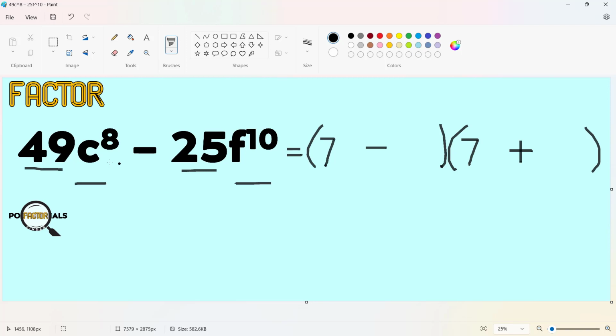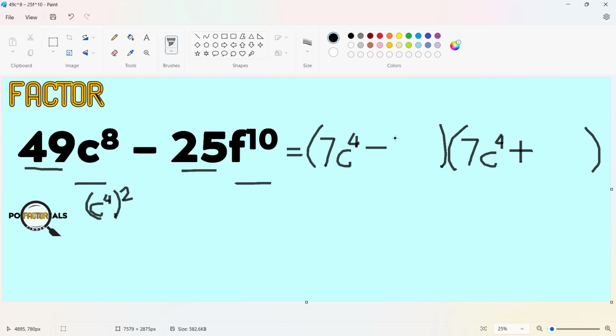For our literal coefficient, c to the power of 8 is actually the square of c to the power of 4. This means the square root of c to the power of 8 is c to the power of 4. Place it here as well. That's for the first term. For the second term, 25 or negative 25, but since the negative was already taken care of with the signs, let's focus on the 25.